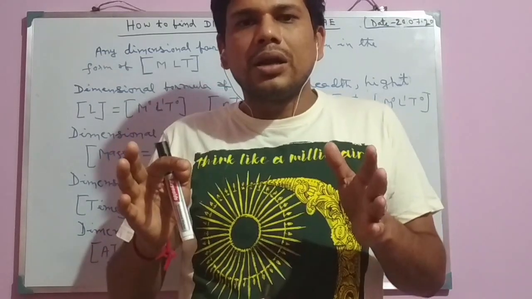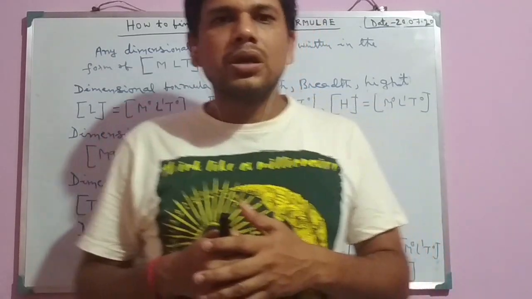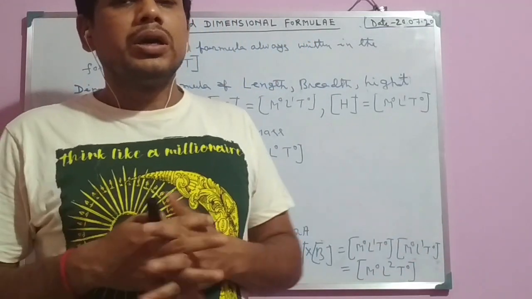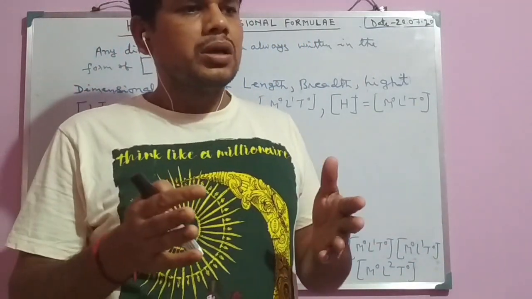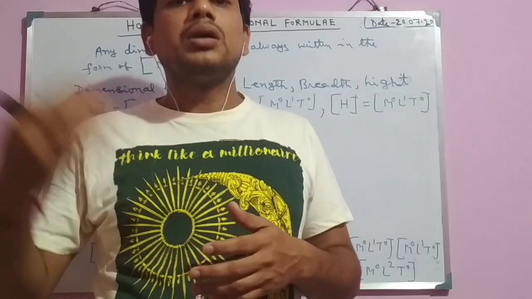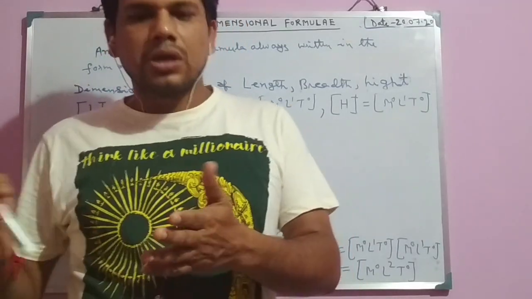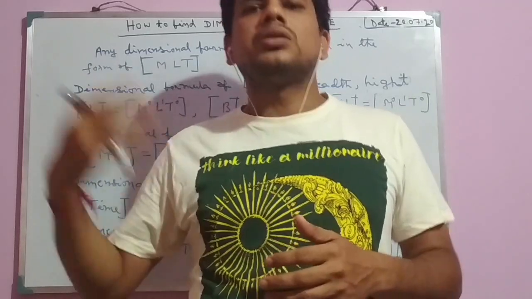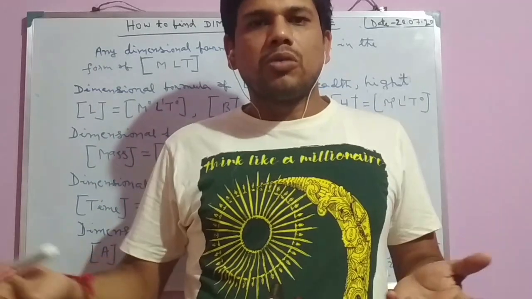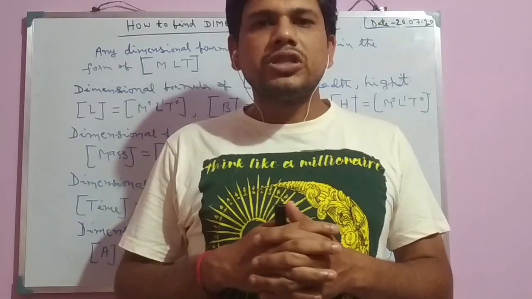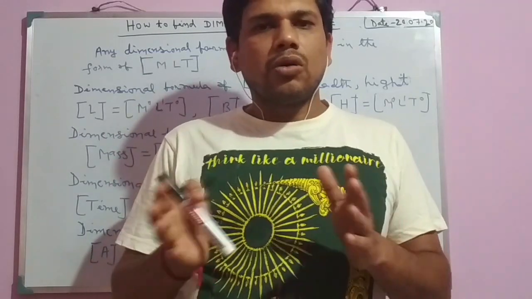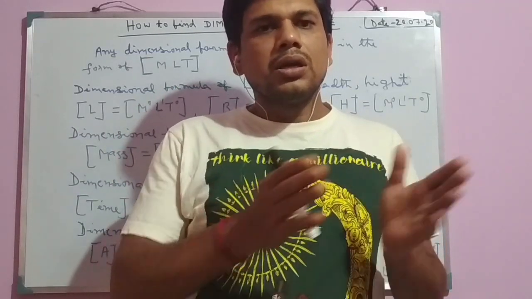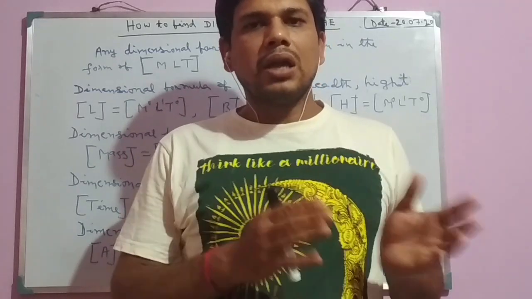It means length does not depend on mass and length does not depend on time. With changing of time, length does not change. With the changing of mass of an object or particle, length will not change. So length is basically independent of mass and time.